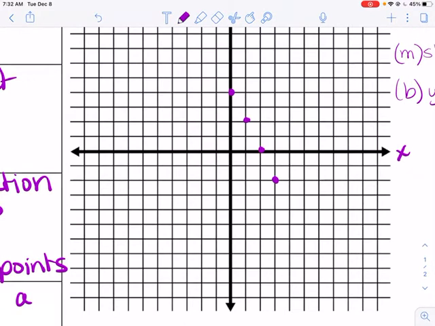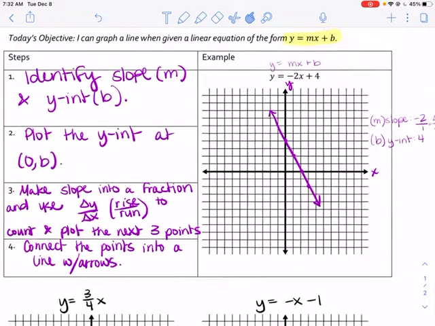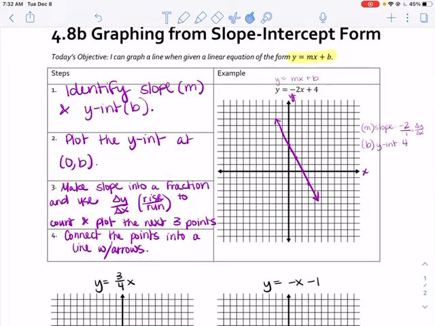And it would be easier if I had a ruler that I could use on my iPad, but if you have a ruler or like a straight edge that you can use, you can connect the dots. And the arrows are really important because that indicates that this line goes forever in both directions. I could choose x equals 50, and I'd still be able to find a y that works in that equation. And that's how you do it.